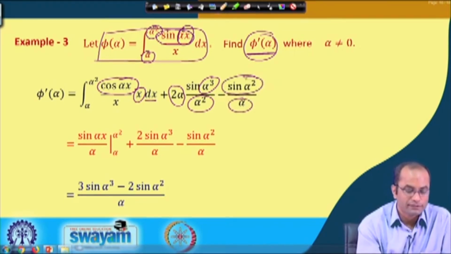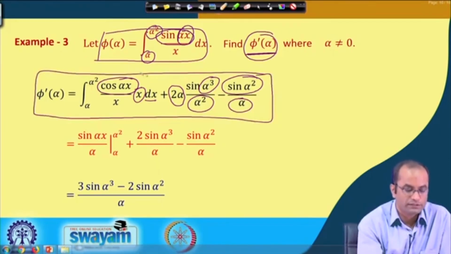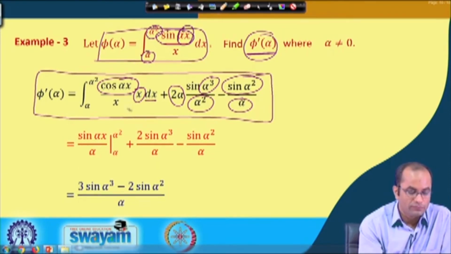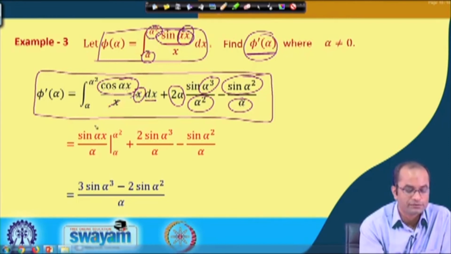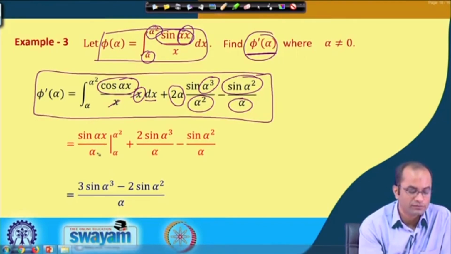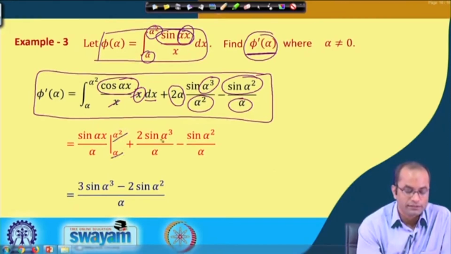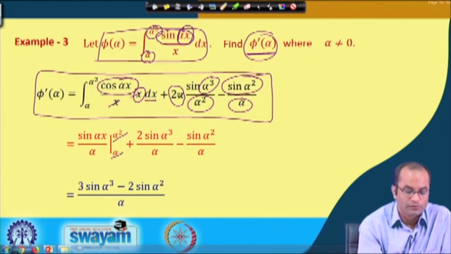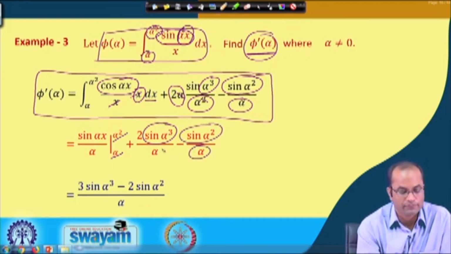So, we have applied this Leibniz rule to this integral, and now here this x gets cancelled and we have this cos alpha x term. The integral of cos alpha x will be sin alpha x over alpha, with the limits alpha to alpha square, plus this 2 alpha, and this alpha also gets cancelled here, 2 over alpha and sin alpha cube, and here we have sin alpha square over alpha.